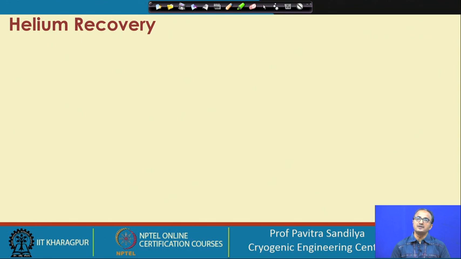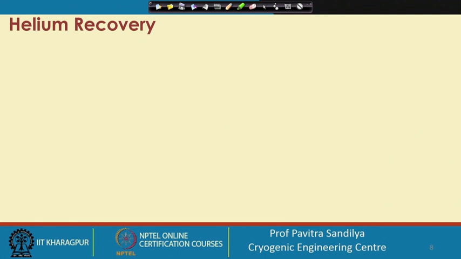Then we have helium recovery. Helium, perhaps you know, is a very important gas, and the whole superconductivity is dependent on helium. One of the very common applications of helium is MRI, which is nowadays a very common way to analyze various types of medical problems.